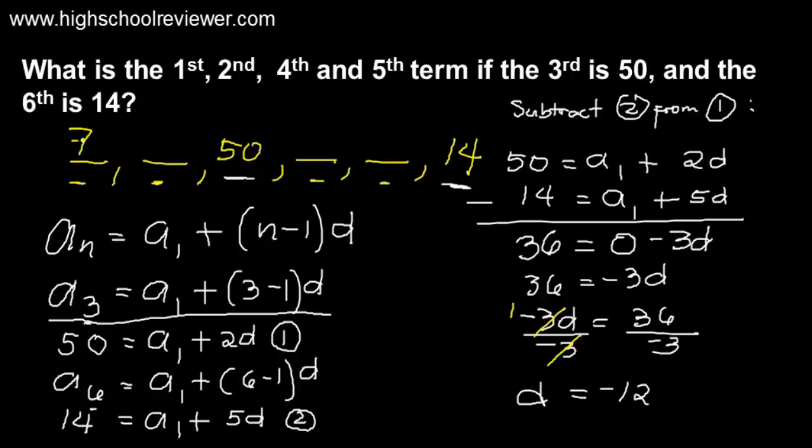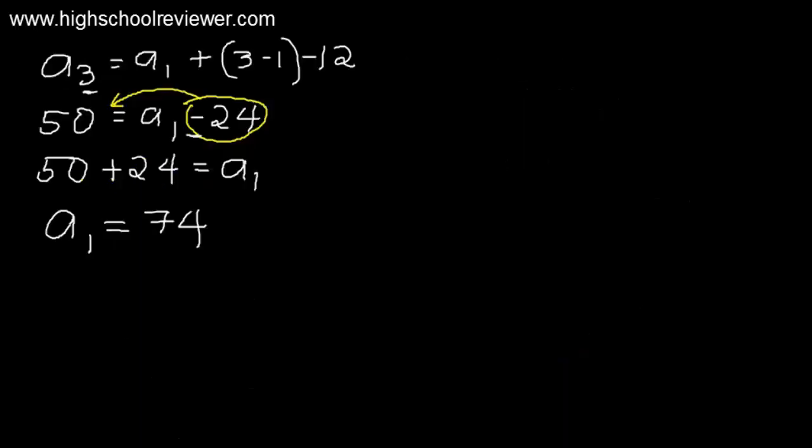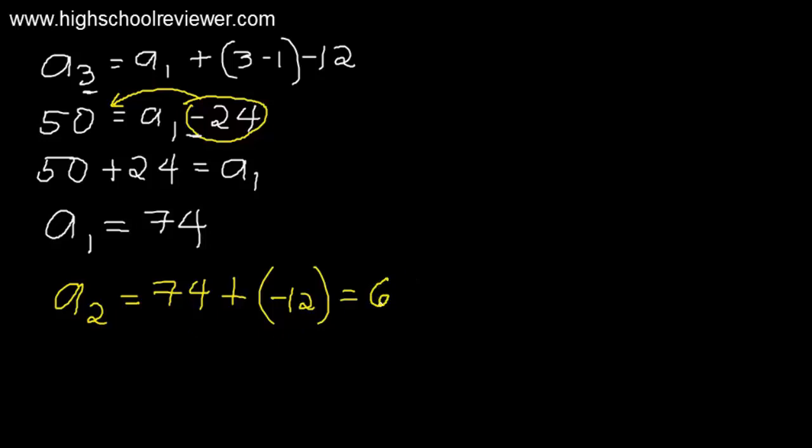To find the second term will be easier. For our a sub 2, we are just going to add our d, which is negative 12, to 74. So a sub 2 would be 74 plus negative 12, which gives us positive 62.